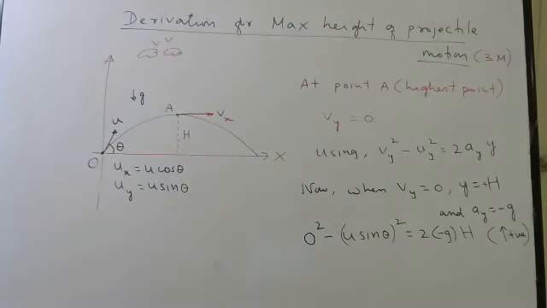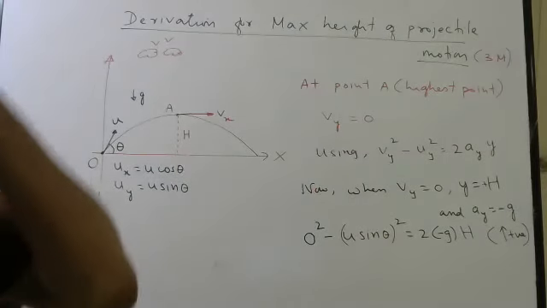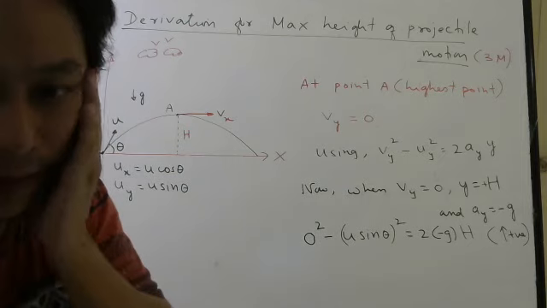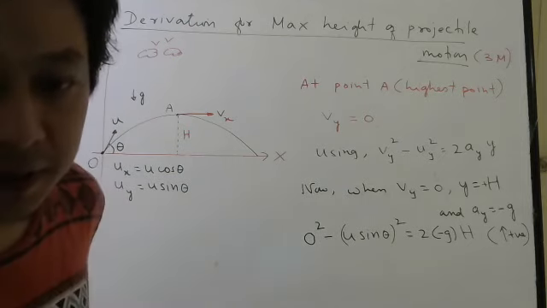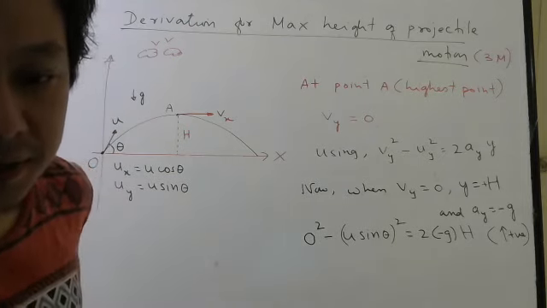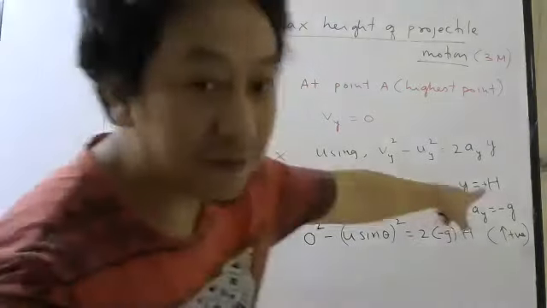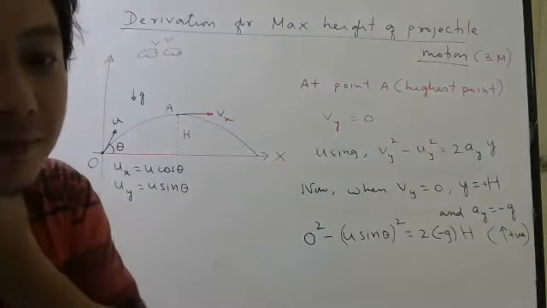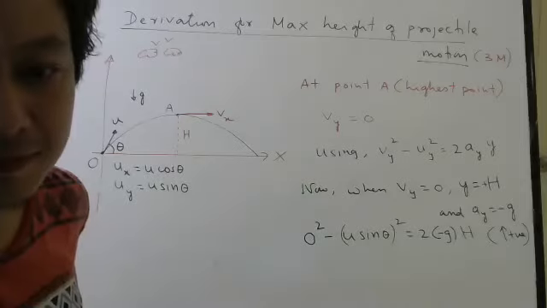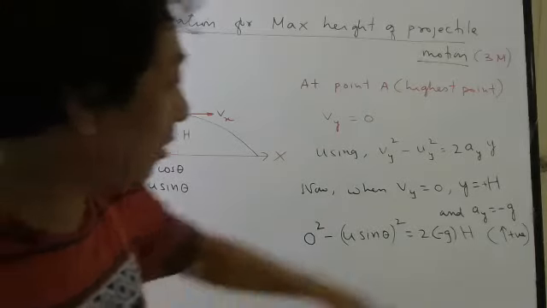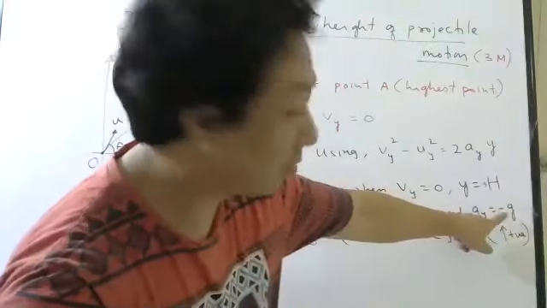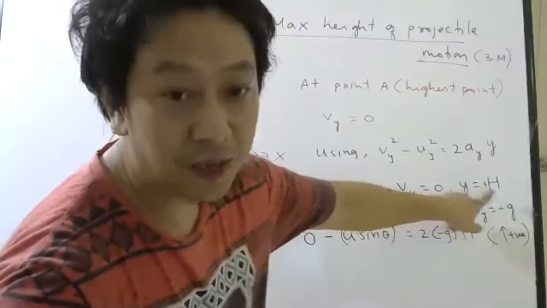Till here, everybody understood? Check once. Anyone wants revision? Advait, why did you say y is 0? And why did I write minus g? Because for this y, I wrote plus h.